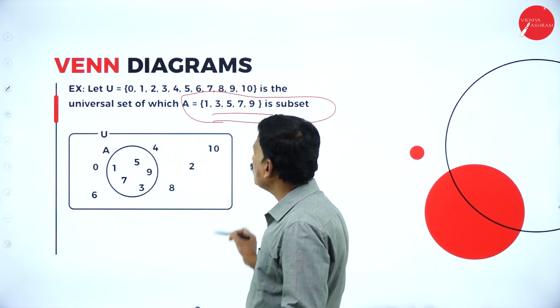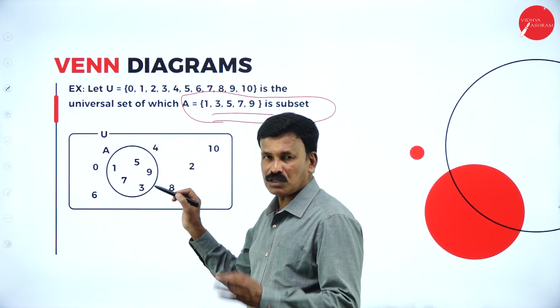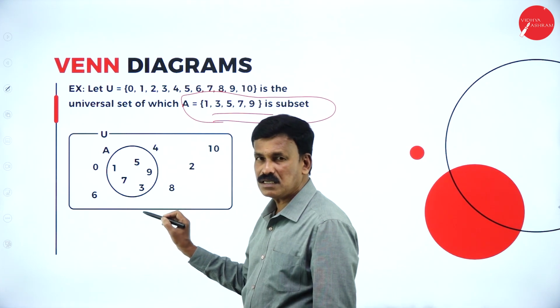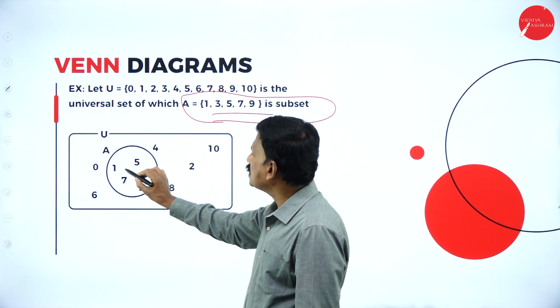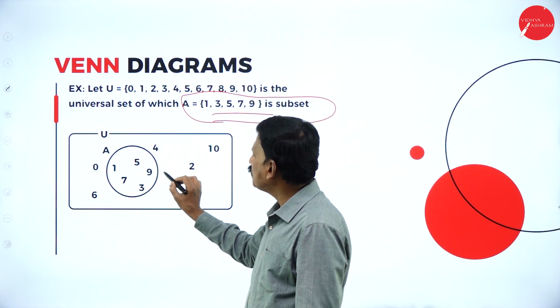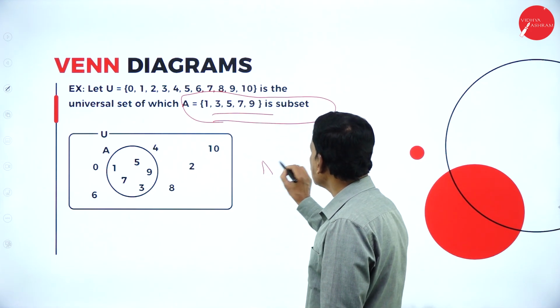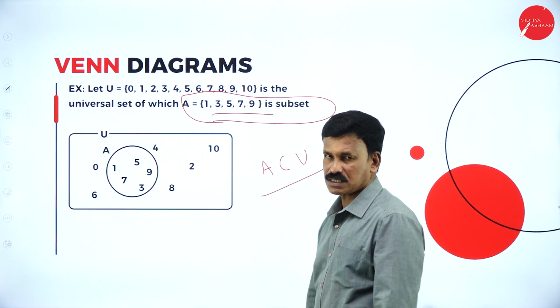So all the elements of the universal set are represented in this rectangle, and the subset of that is denoted in the circle, that is 1, 3, 5, 7 and 9, right? So here this A is the subset of the universal set.